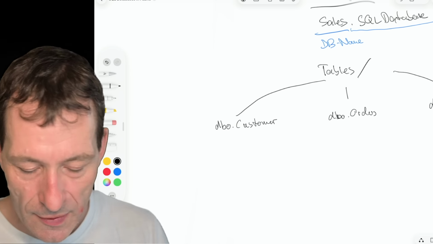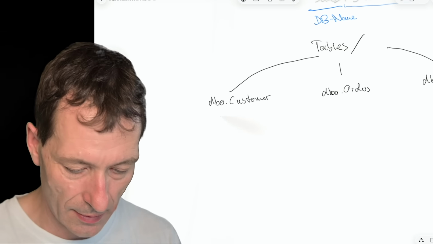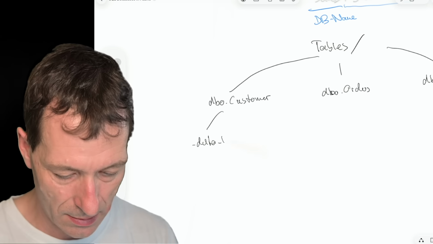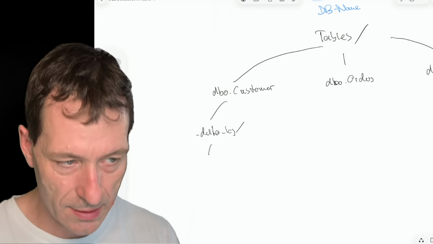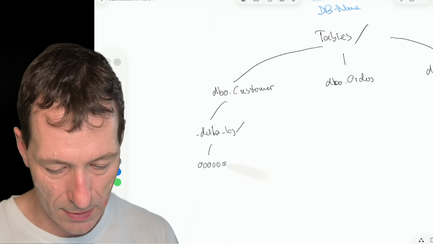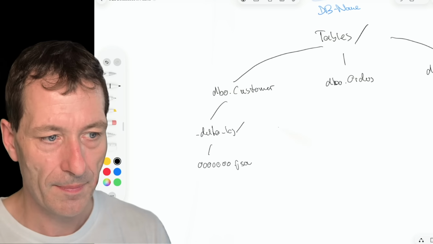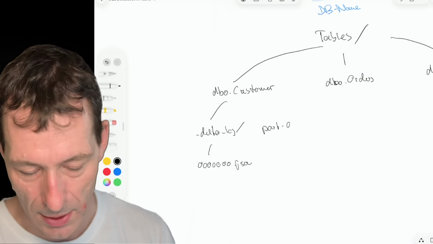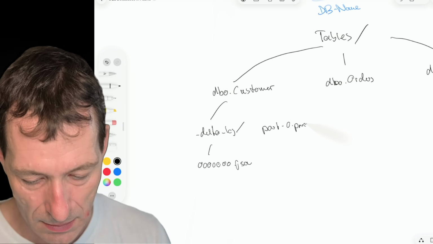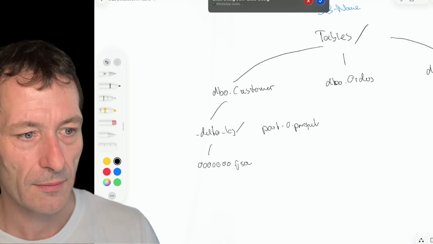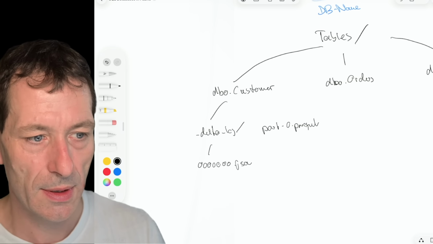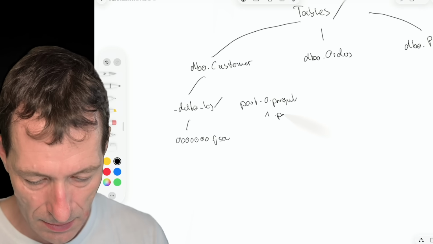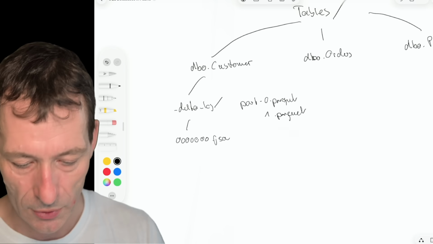And inside of each of these tables is the Delta log, with the JSON files, 0.00000.json, the Parquet file, part-0, I don't know all the zeros, .parquet, and the part 1 Parquet, and the part 2 Parquet, and so on.